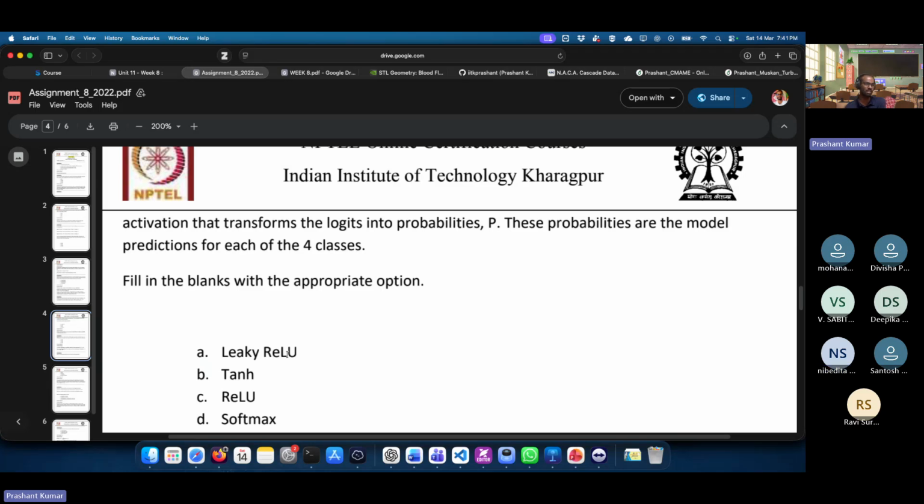Probability we talk about at the output, but this is the intermediate. Let's say you start training, you randomly pick some weights, and those weights give you some negative value, and you pass it through a ReLU function.